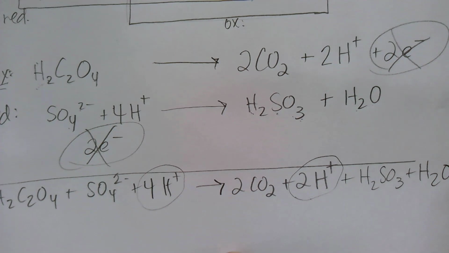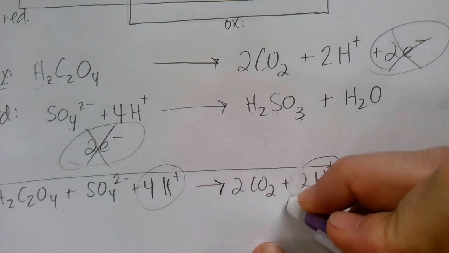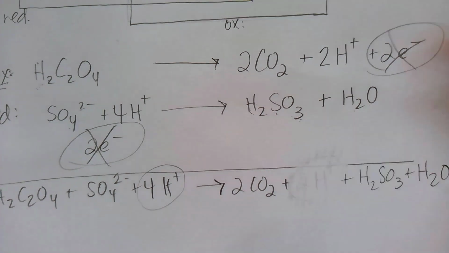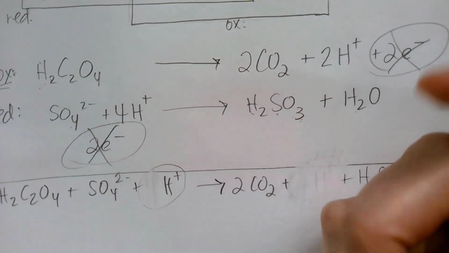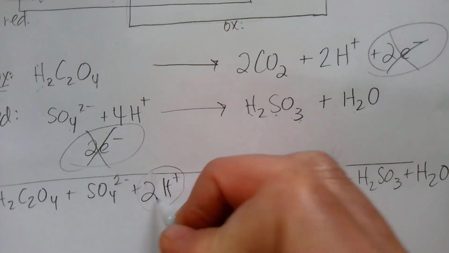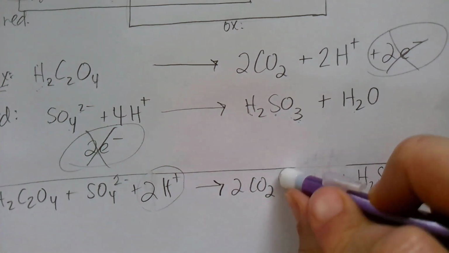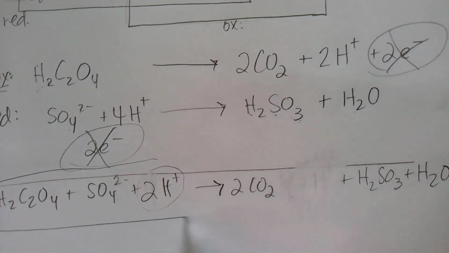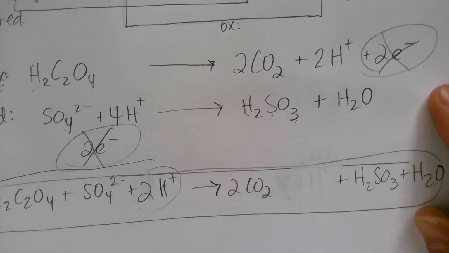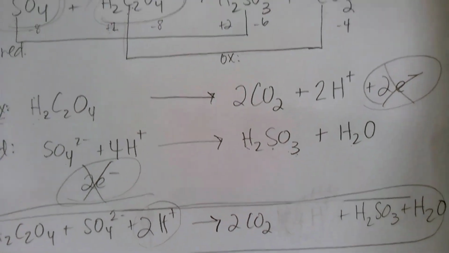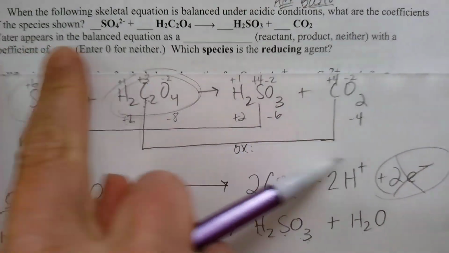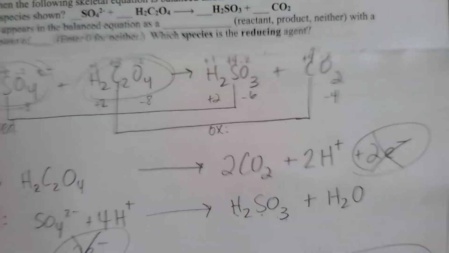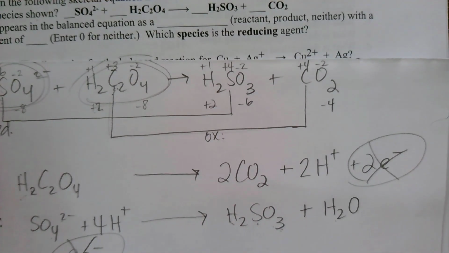That can be reduced. I can get rid of 2 H+ on the right and 2 H+ on the left. So I now have a balanced equation. This is my final balanced redox reaction. And I believe it says water appears in the balanced equation as a product.